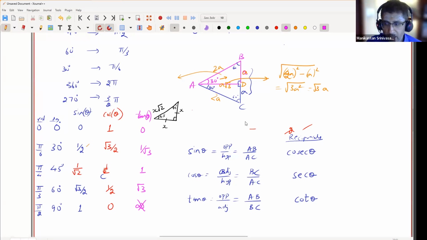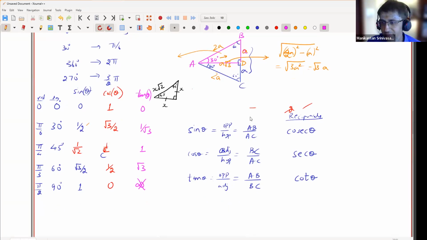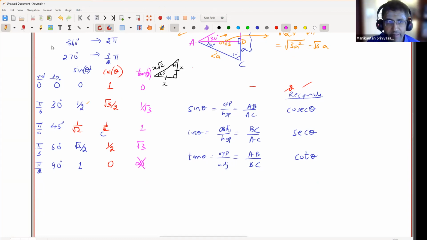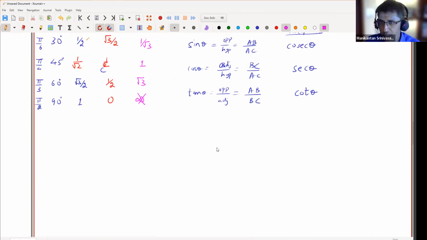Right. Now, so basic sine, cos, tan we have covered. And now how do we tackle angles which are more than 90? Okay, so that's important. Actually, before that, we should do sine of a plus b and all that, right? That recap. So when I add angles, what happens to sine of a plus b?